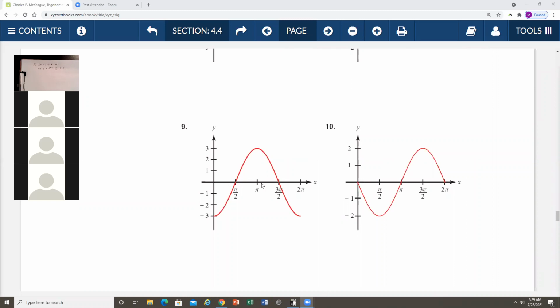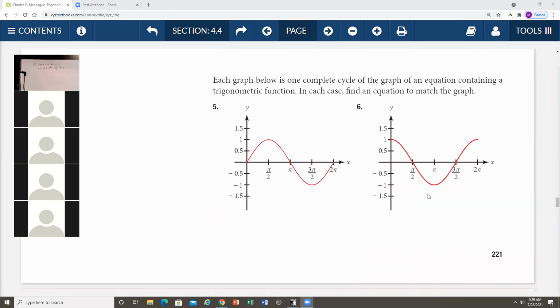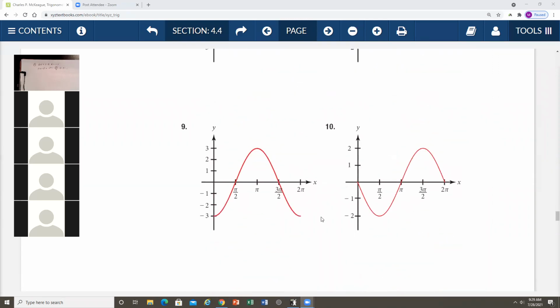No. Does not look like it. Hasn't been shifted to the right or left. Has the graph of the basic cosine function of number 6 been shifted upwards, translated upwards or downwards to give us the graph of number 9? Granted, the amplitude's different. I'm not talking about the amplitude change. I'm talking about the whole graph being shifted upwards or downwards. It does not appear that that has occurred either.